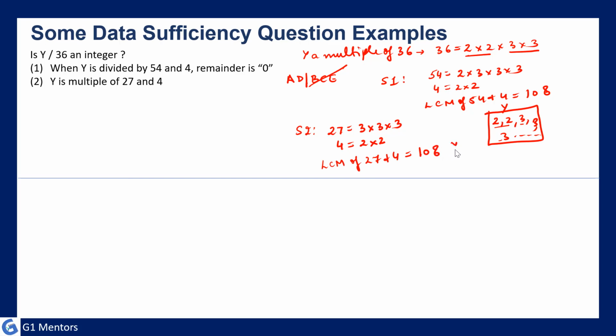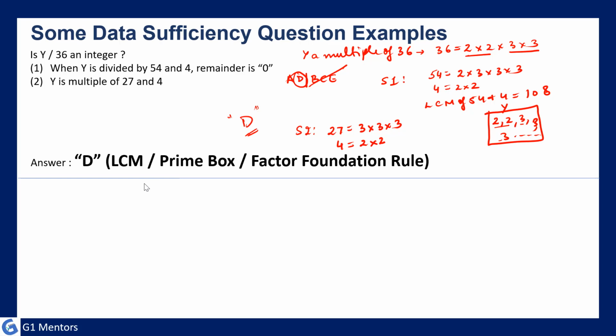Okay, so according to statement 2, the prime box of y contains 2, 2, 3, 3, 3. So again it is sufficient to answer that y by 36 is an integer or not. So our answer option is D. So we have used LCM, we have used prime boxes, and we have also used the factor foundation rule to find our answer.